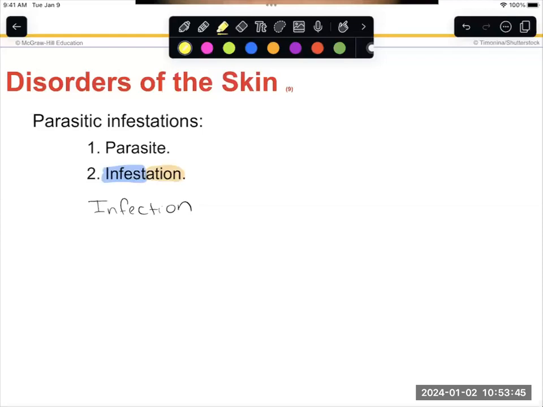Infection, the root is infect, which means invasion, and that suffix, ion, means action. So by breaking apart these words, you can figure out what they mean.